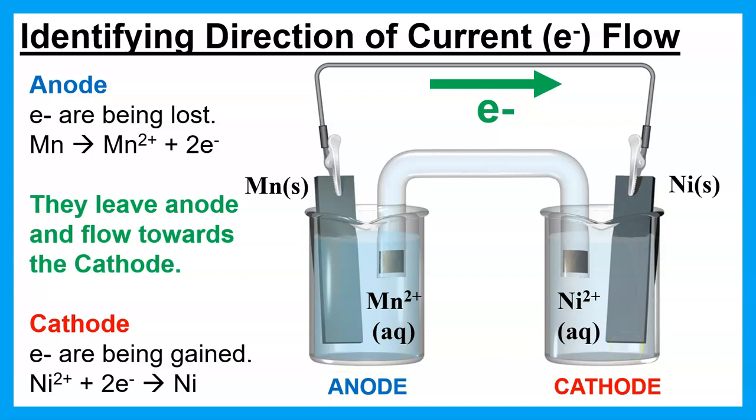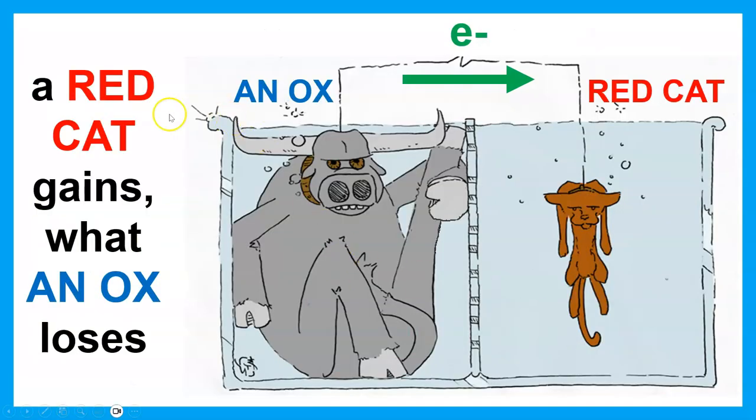So I have a really silly picture to help you remember this. I think it's absolutely ridiculously silly, but it's very memorable. And I have a little mnemonic that goes with it. So we are going to say that a red cat gains what an ox loses.